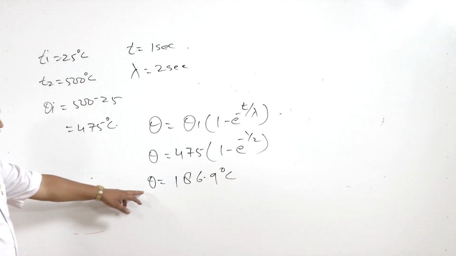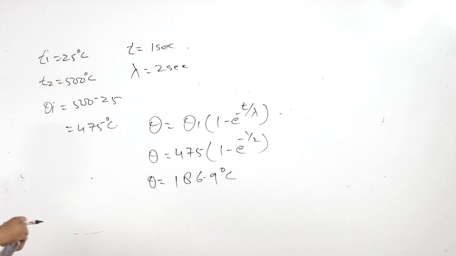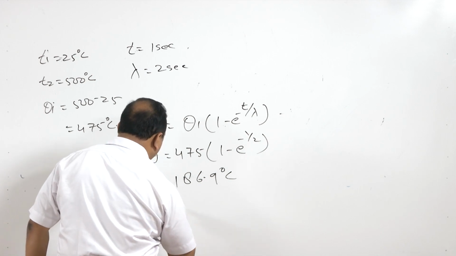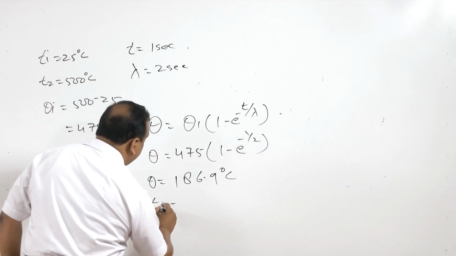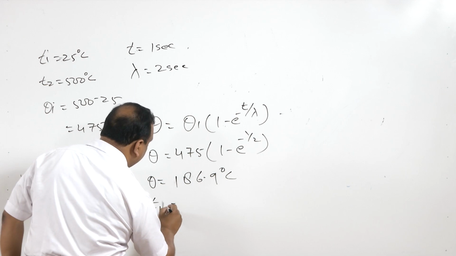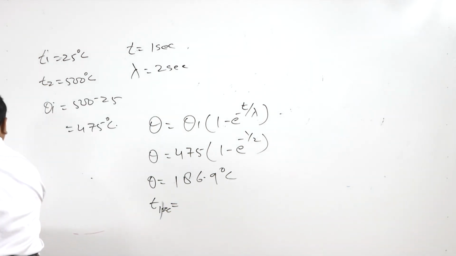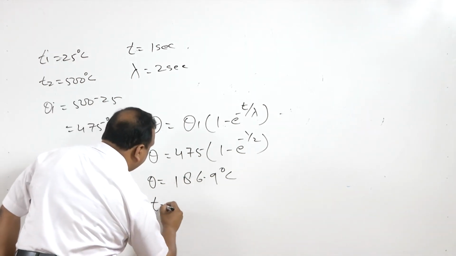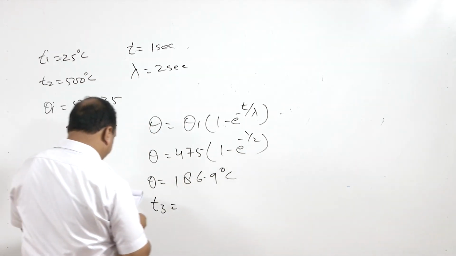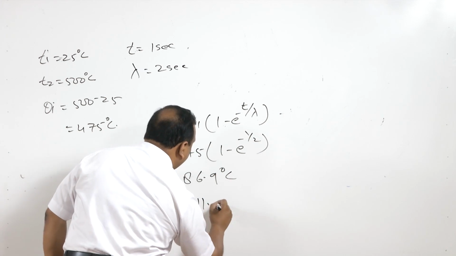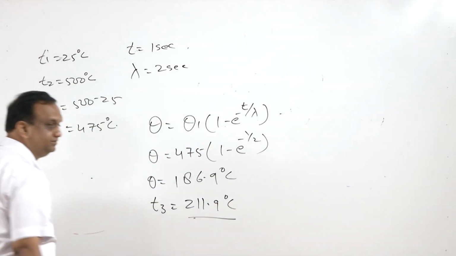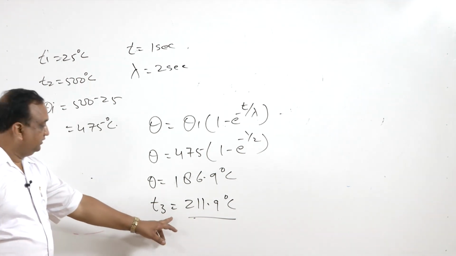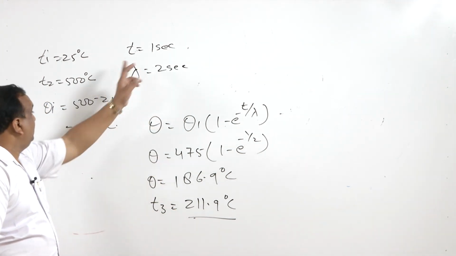In order to find the temperature, the initial temperature must be added. So the temperature after 1 second is 186.9 plus 25, which is 211.9 degrees centigrade. So simply we can predict the temperature after 1 second.